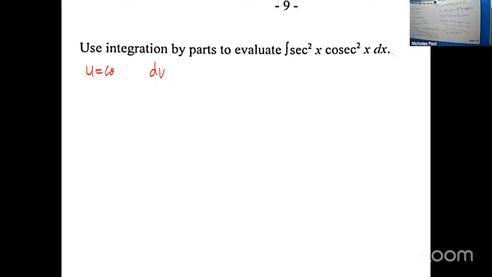You're supposed to differentiate cosec squared x and integrate. So what's the differential of cosec squared x? Minus 2 cosec. Say that again. Minus 2 cosec.